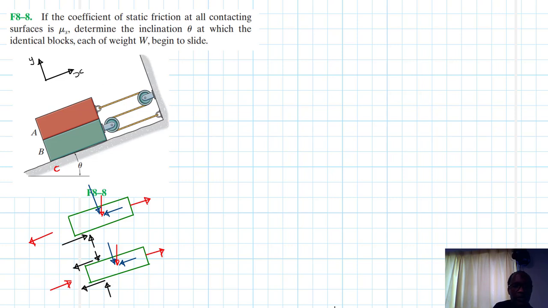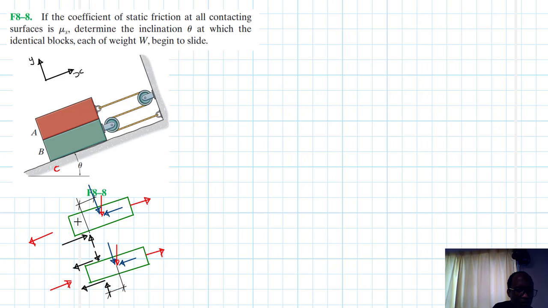Alright, and then let's say there we go, we have this distance here, and also here we have this distance here like so. We are not going to calculate those values, we are just showing them.